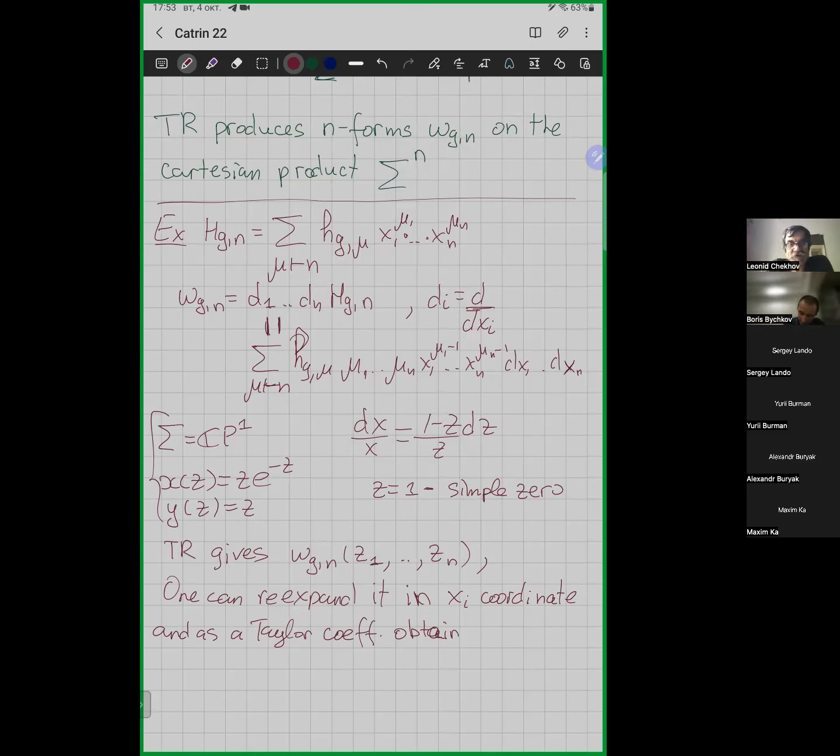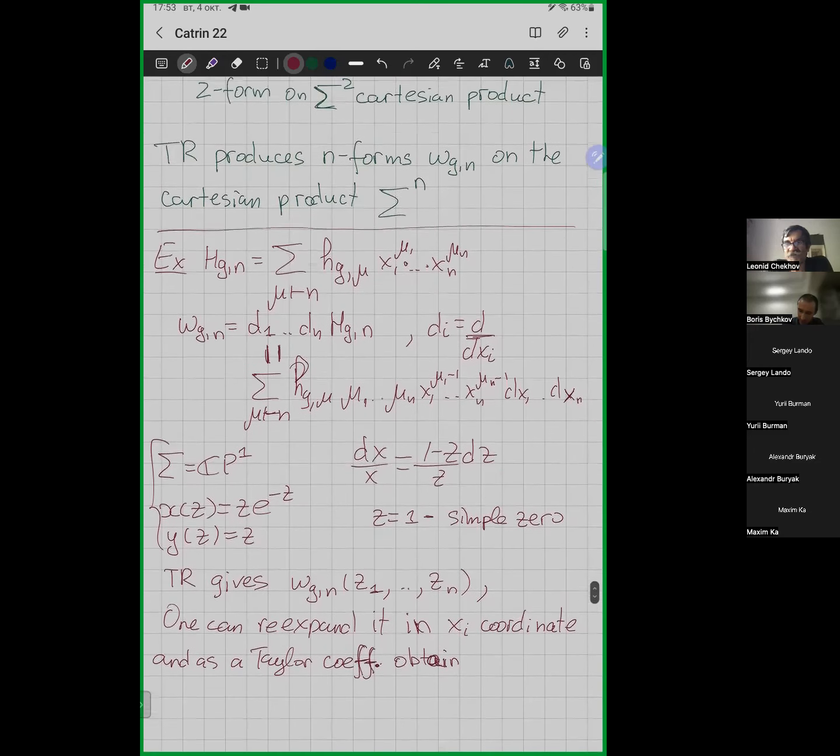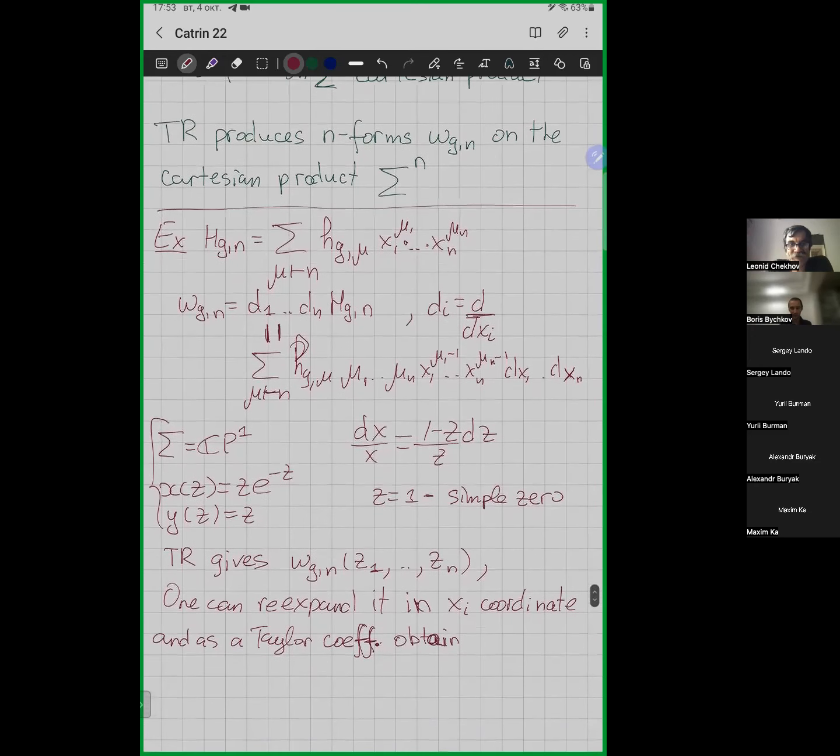Borya, it's interesting. Can we derive this result just from your previous formula for the longest cycle? You mean from topological recursion? Yes, topological recursion from that formula.